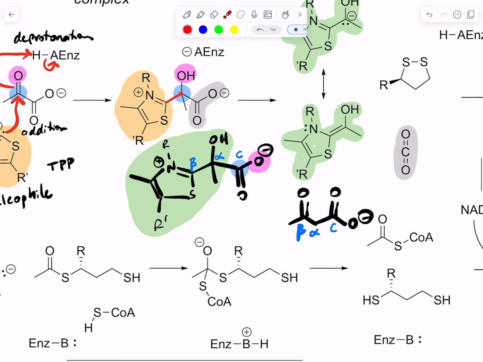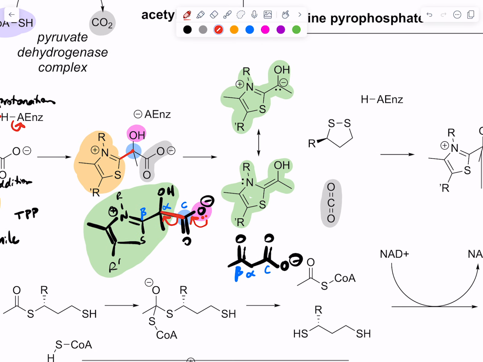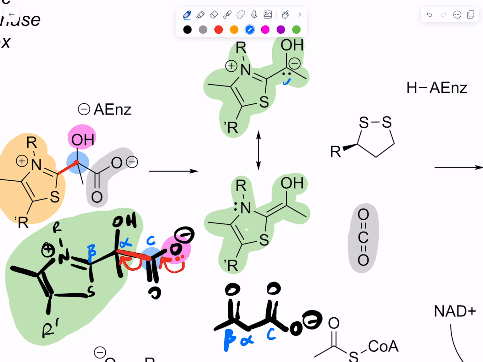And importantly, if you imagine this happening, electrons on the oxygen kicking down to form a pi bond, breaking the bond between carbonyl carbon and alpha carbon with electrons going on to the alpha carbon, that's what you get here.